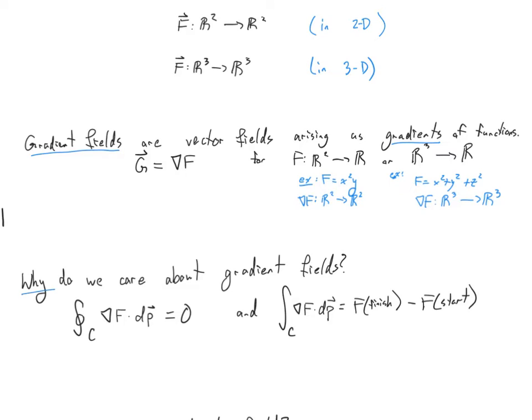On one hand, if we have a closed curve, and this integral with a loop means a closed integral over a closed curve C, then the path integral of the gradient of f dot dp, the flow of the gradient along that path, has to equal 0. We said last time that this is the same as calling the gradient vector field conservative. This is the definition of conservative, but that's the same as being gradient.